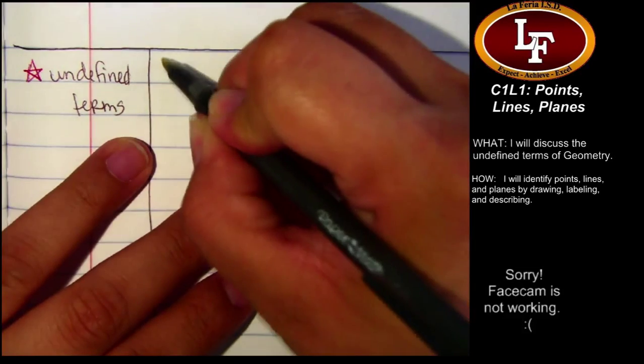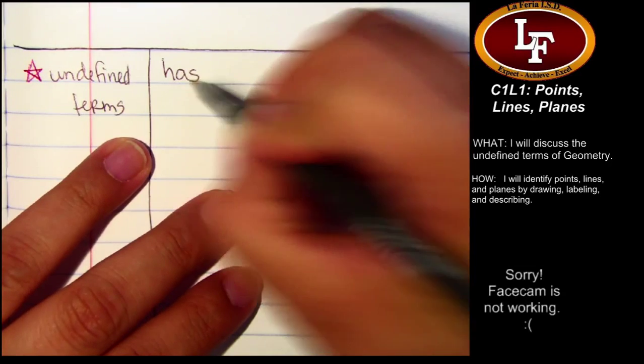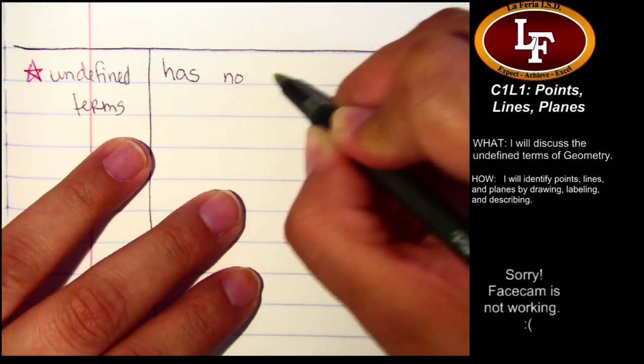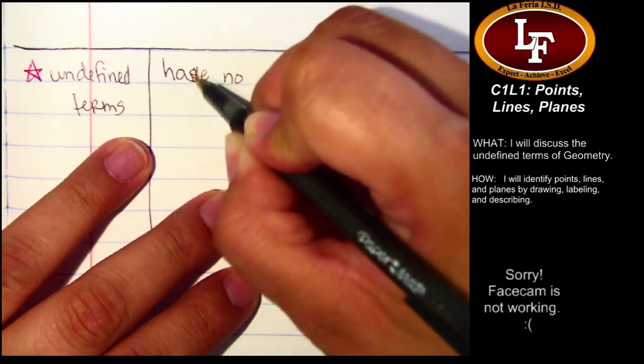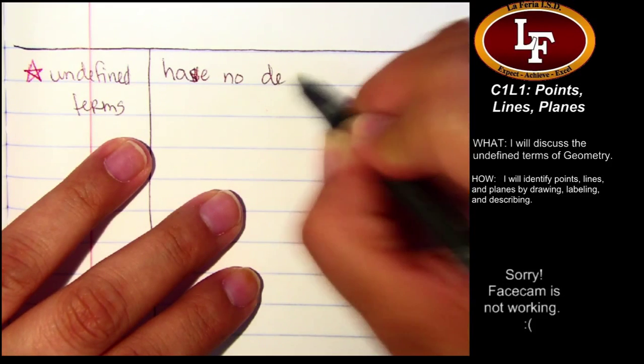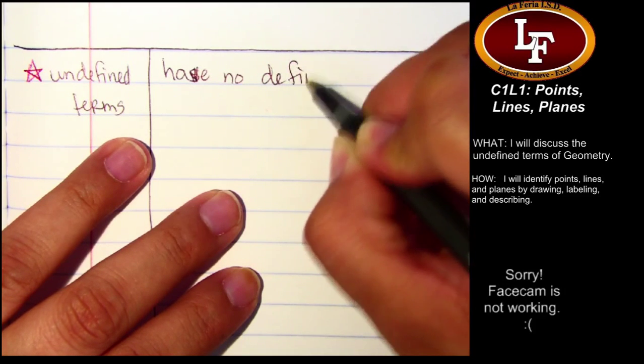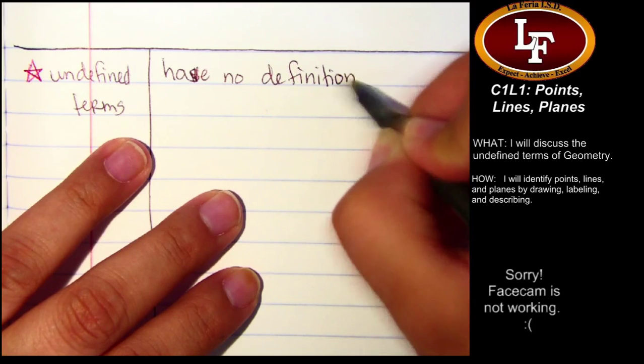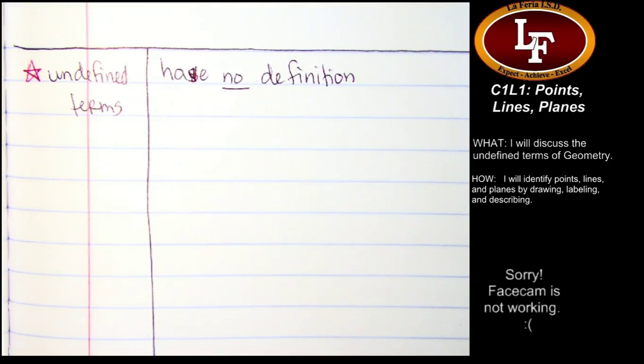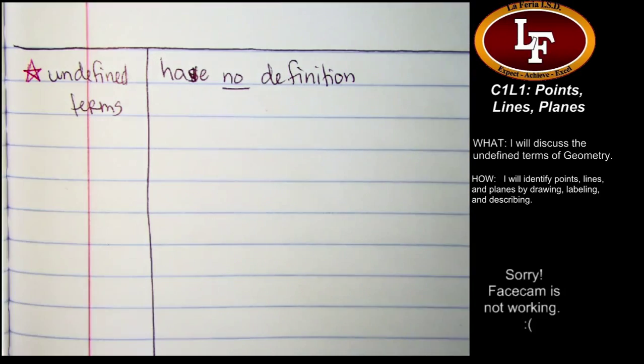Now, the thing to know about the undefined terms is that they have no definition. We use definitions as a checklist. If we want to know if this thing is a fish, if we can define it, we go, does it have gills?